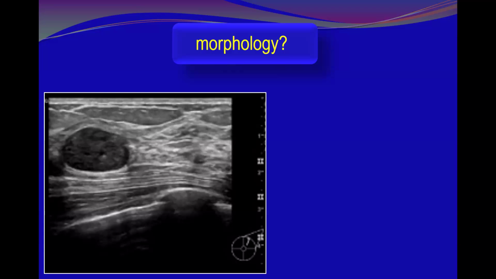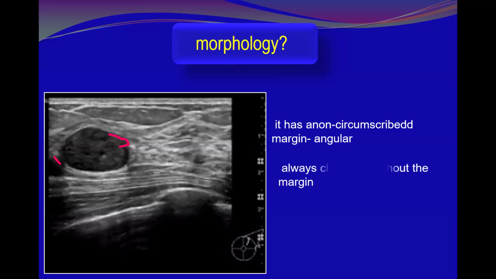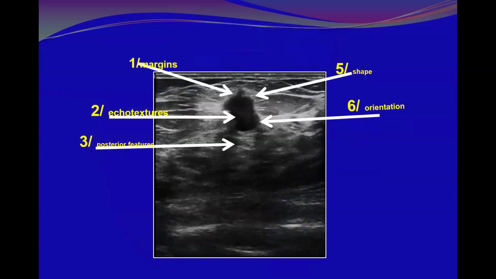Excellent. Irregular shape, but the margin, is it indistinct? Angular, accepted. Excellent. Well done. You have seen the angular margin. So it is focal, but it is angular. Okay. So shape, quickly: irregular shape. Orientation: not parallel.